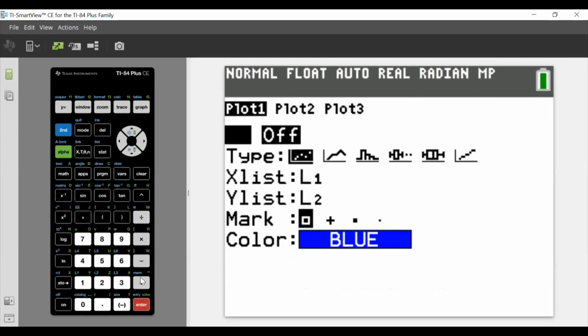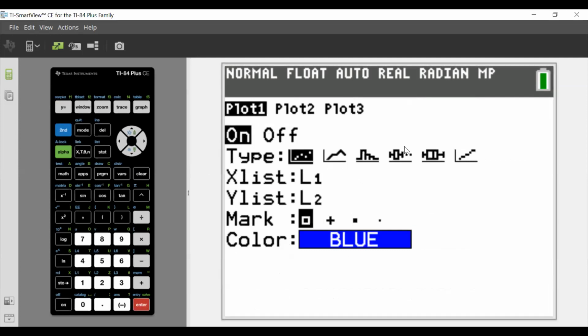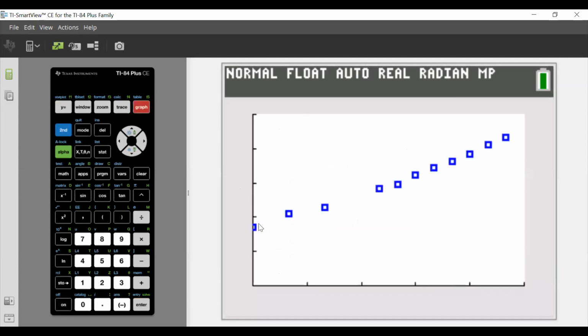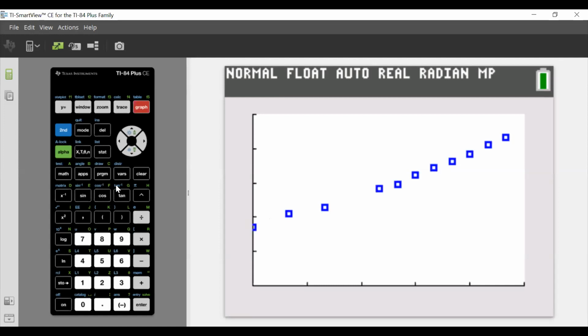We hit enter, then enter again. Now it should be on. Now we can go to graph, and that's the graph of the data. Does that look linear? Yeah, it looks pretty linear, so it does seem to be a model that could be used for linear.